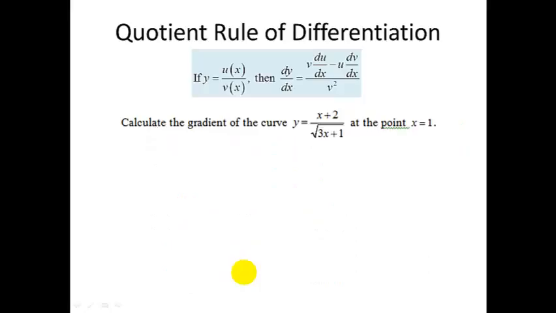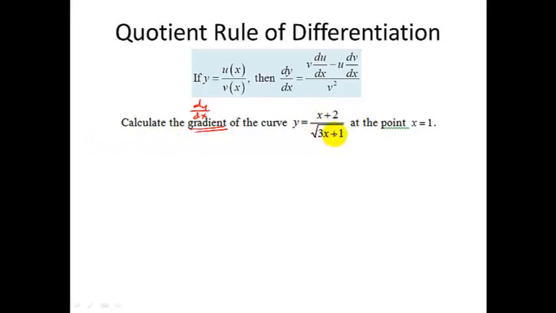Here is another example. You're supposed to calculate the gradient of the curve, and the curve equation is given as this. And the point given is at x equals 1. Now the idea of finding the gradient is basically to find dy/dx. So I'm going to use this equation and find dy/dx.